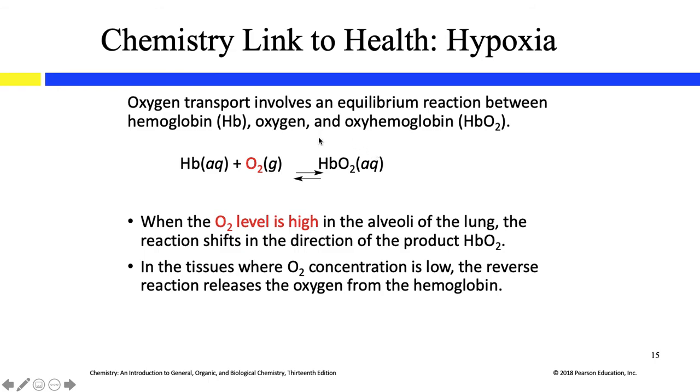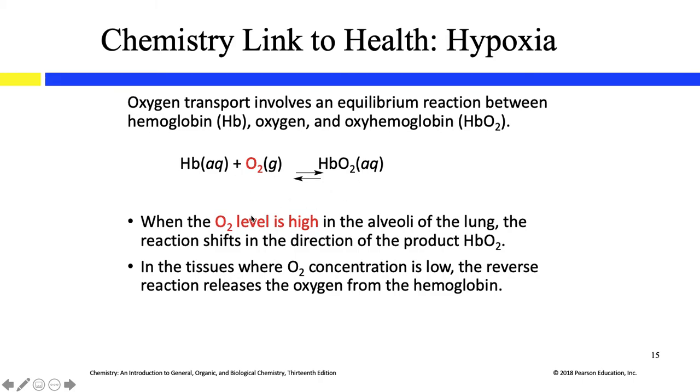In the bound form, hemoglobin travels through the blood to tissue, and this is the reaction. It's a reversible reaction. It proceeds in the forward reaction and in the reverse.